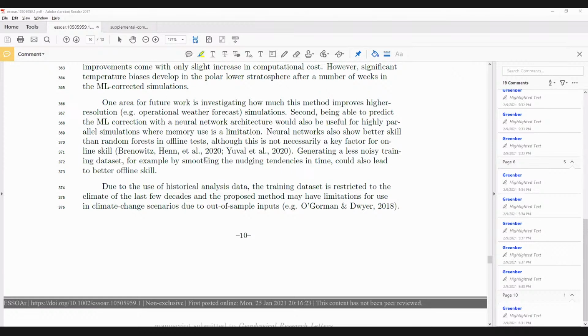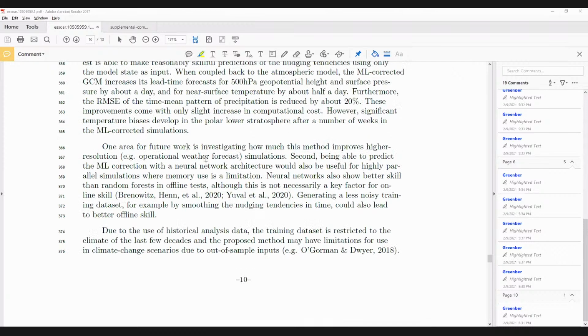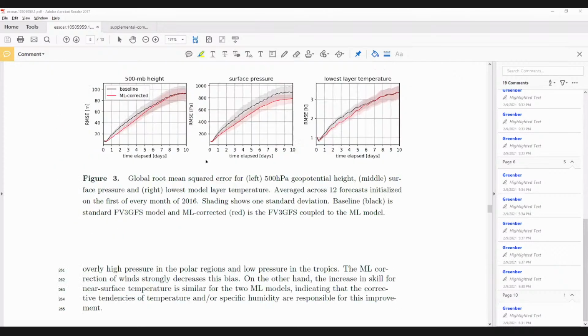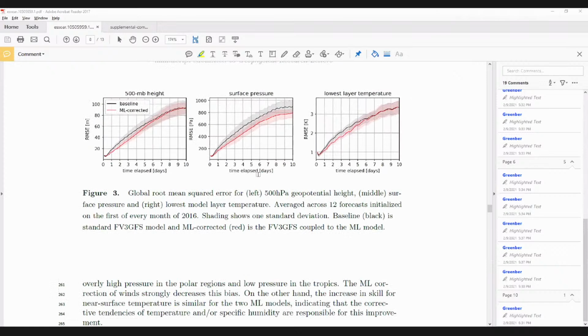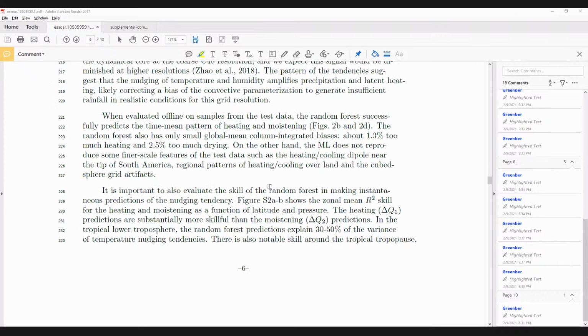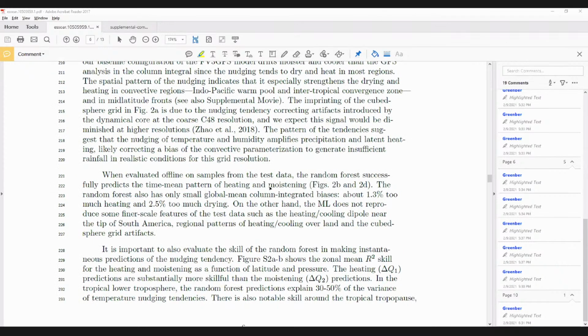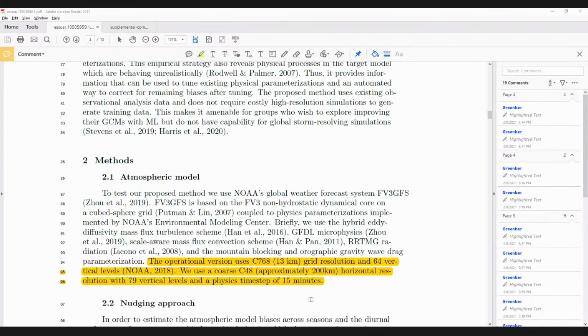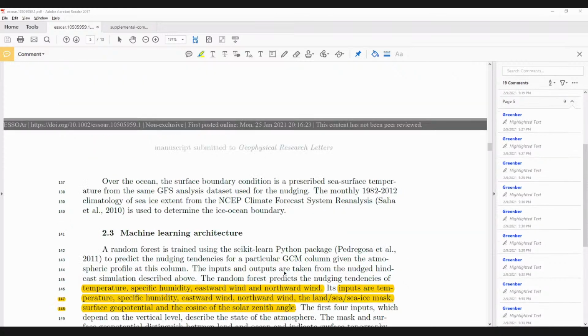They didn't use many trees, I think 13 trees in their forest and a depth of 13. That's not so much compared to what we saw before, but they were already beginning to deal with, I think, 360 megabytes to store this, which was significant compared to the rest of the memory cost per processor for this climate and weather model. So 360 megabytes of memory was a lot, but 10% wall clock time was not.